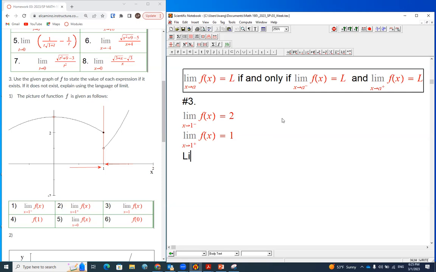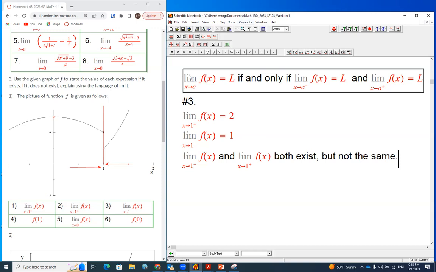I think it's easier to write it down than using the words, right? When x approaches 1 from smaller than 1, this limit exists, and the other limit exists as well. We can say this limit and this limit both exist, but not the same.